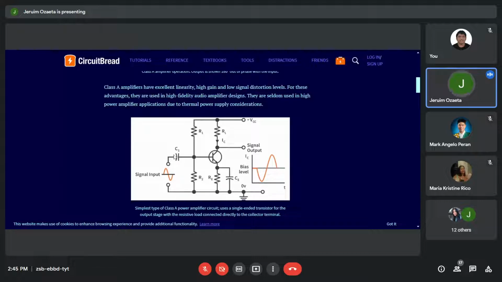So if the input here is positive and it is delayed and becomes negative, the input will first have to reverse bias, because if this becomes positive and here it becomes negative, it first has to reduce the negative or positive value divided by R sub 1 and R sub 2 in order to determine whether the base-emitter circuit will be forward biased. Take note at the output that there is a zero value of current at a certain time after t equals 0.